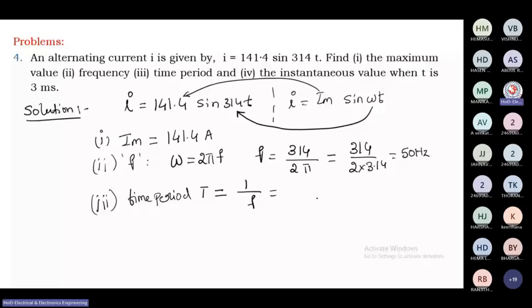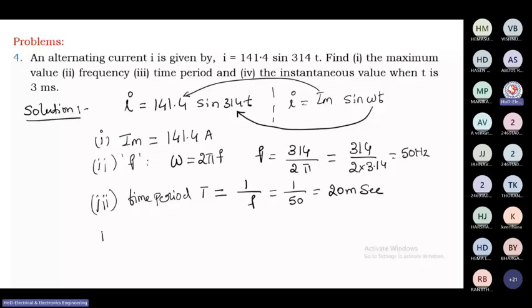So 1 by 50 hertz, 0.02 or 20 milliseconds. Okay. Clear? Up to here everything is clear? Everybody is writing? Right. So next is the fourth.